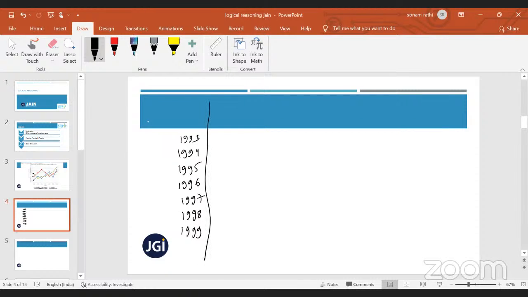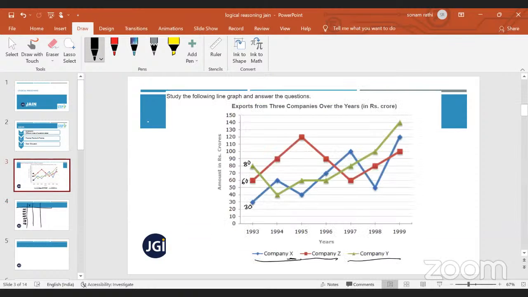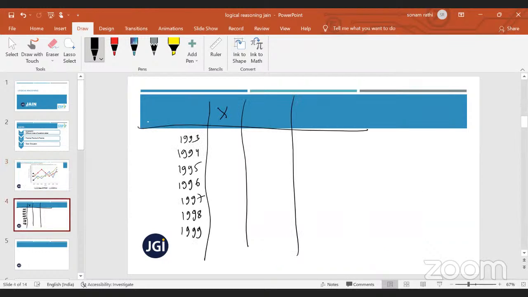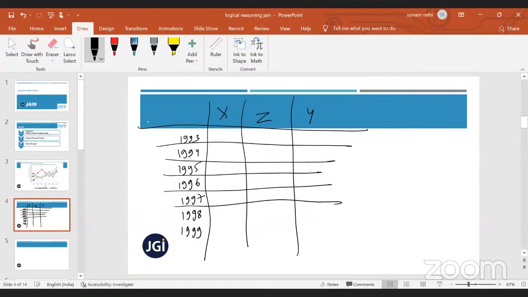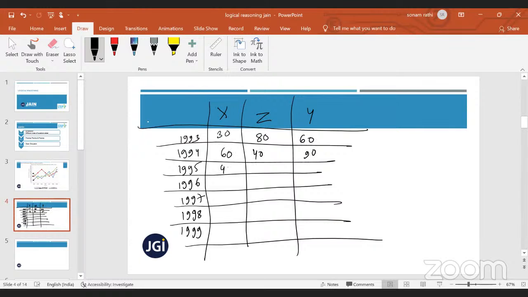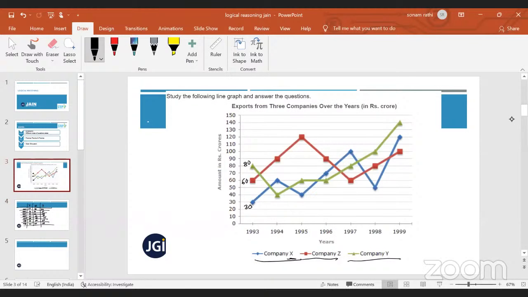The companies given are company X, Z, and Y. So if I make the table, I get 30, 80, 60, 60, 40, 90, 40, 60, 120, 70, 60, 90, 100, 80, 60, 50, 100, 80, 120, 140, 100. Now, if I see the same thing in the chart, that is also the same.